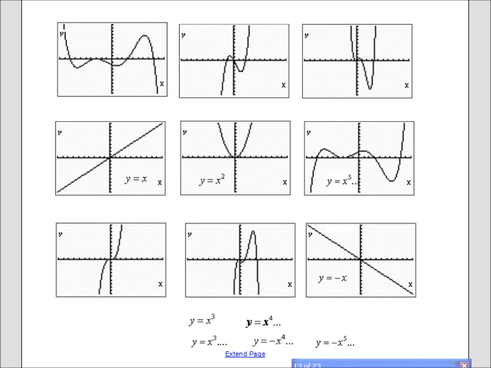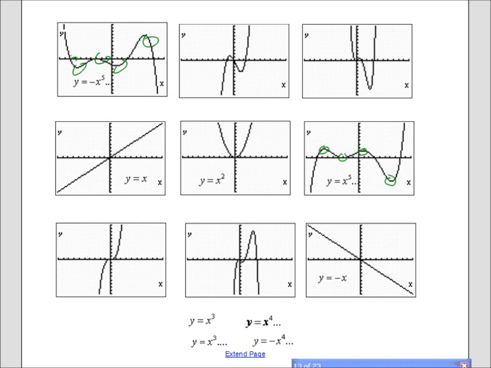And in this case, this has 1, 2, 3, 4 turning points, so that must be the x to the 5th. So if that's the x to the 5th, then this one must go up here with the one that has 1, 2, 3, 4 turning points as well.